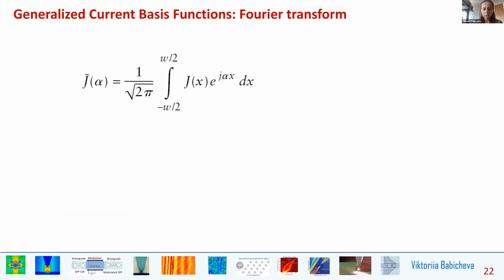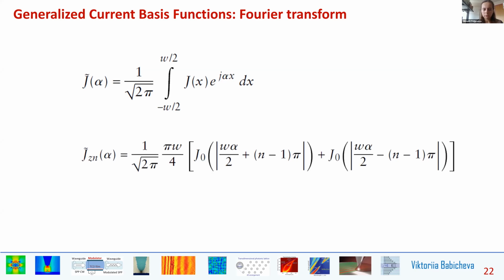We also know that the current basis functions can be Fourier transformed, so we can use them in the analysis when we do spectral domain study. The Fourier transform is defined by this for the case of Jzn.